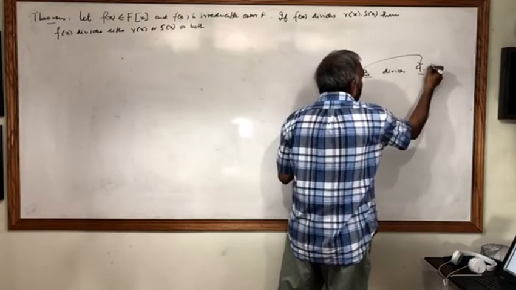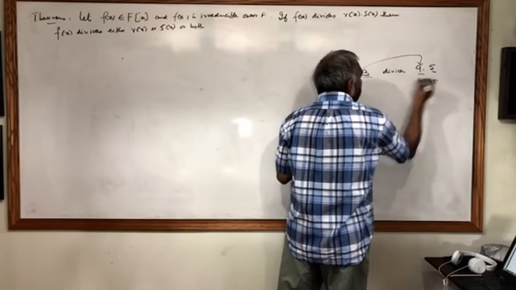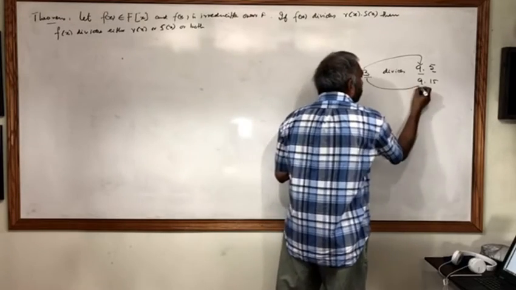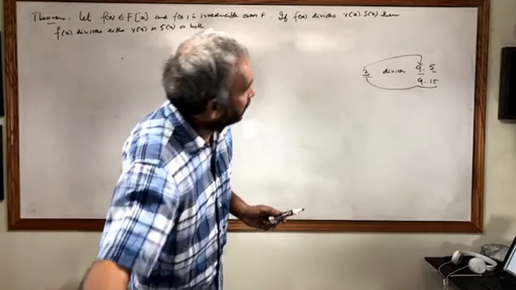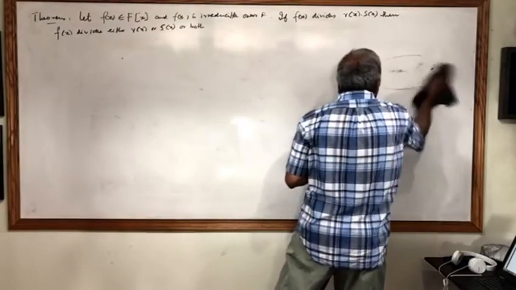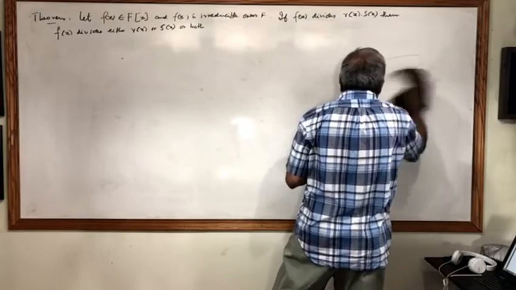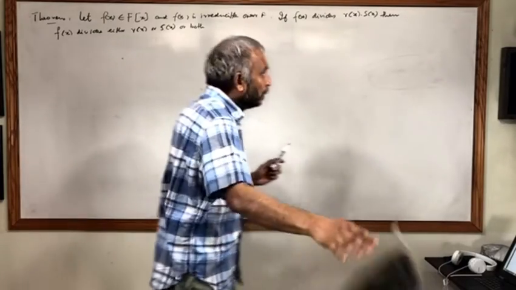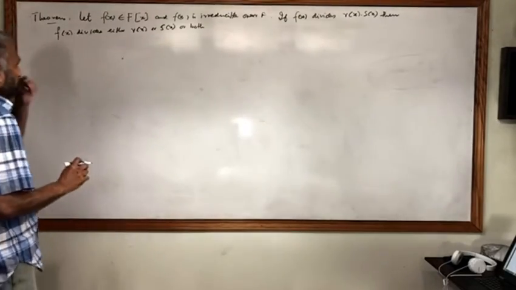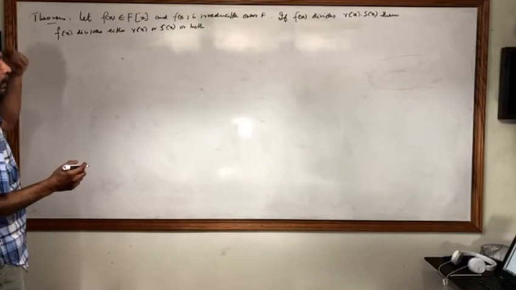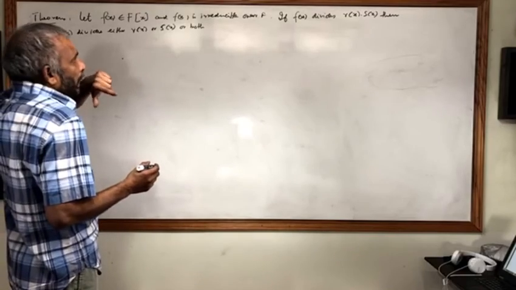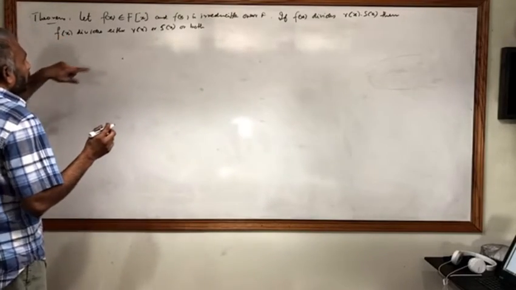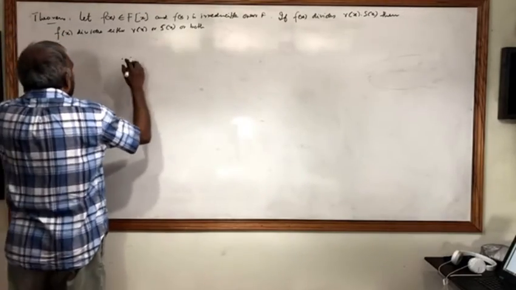Or if this is 9 times 15, it divides both. And that's exactly what this theorem means. Its proof is very simple. We have another proof coming up in prime ideals, but we'll do it without using any ideals.